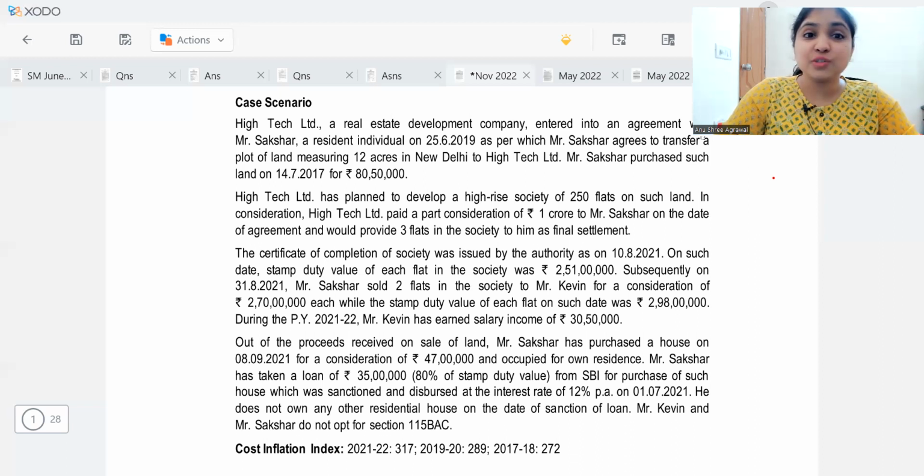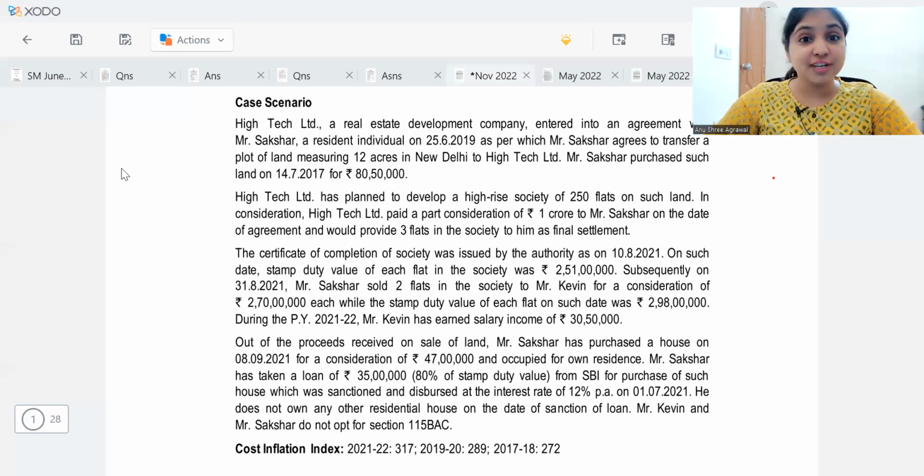So that is why, I'm very sure most of you wouldn't even be aware that these two sections exist, right? So keeping that in mind, I'll be going a little deeper in our discussion of the very first case scenario, because I'm assuming there would definitely be many students who have no clue about these two sections. All right, so this is going to be a very good learning for all of you.